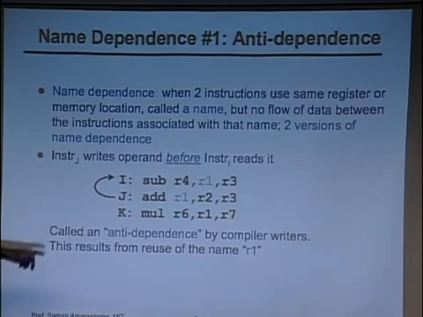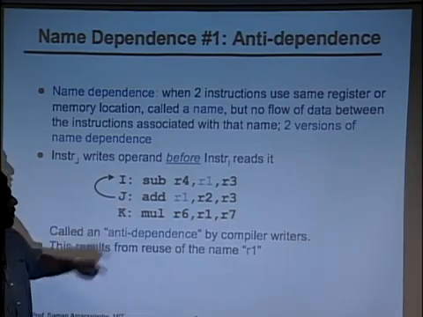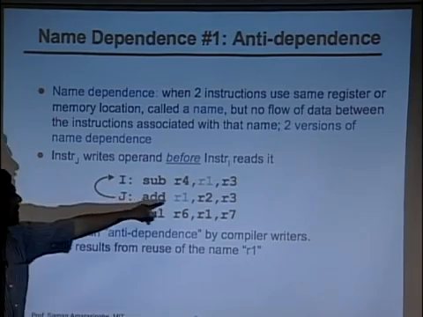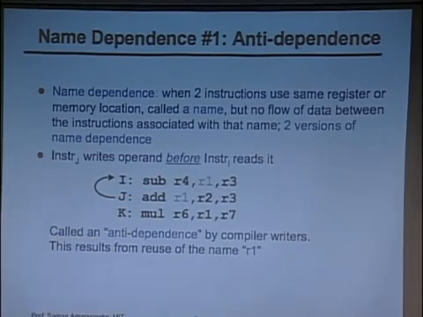The first name dependence is what we call anti-dependence. What I want to do is write this register, but the previous instruction is reading the register. I cannot write it until I have read that value, because the minute I write it, I lose the previous value, and if I haven't used it, I am out of luck.